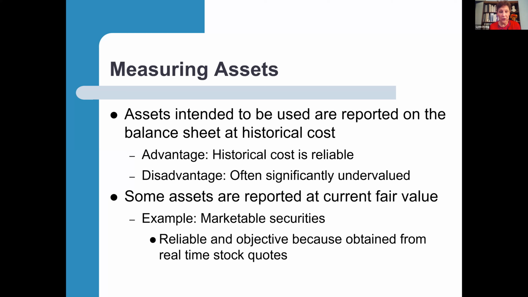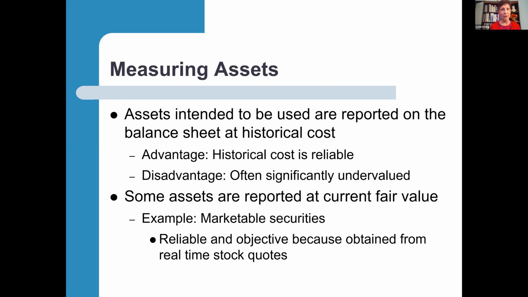What are you going to want to do? Aren't you going to want to mark that up? Don't you want to show that on your balance sheet for $1 million? Well, guess what? You're not allowed to do that, because accounting, except for marketable securities, measures the assets on the balance sheet at historical cost.